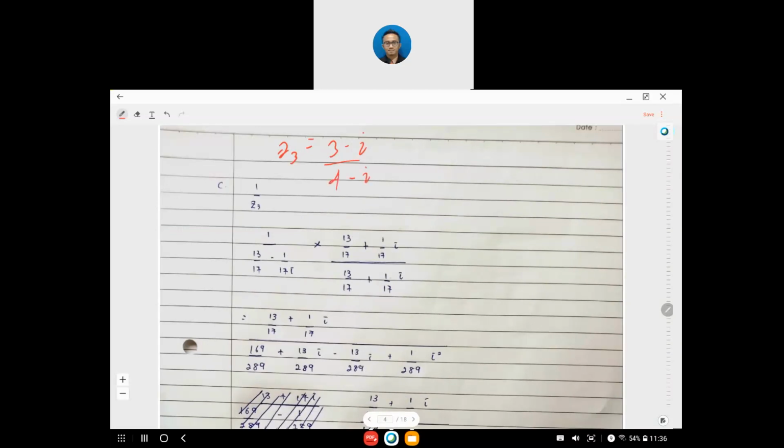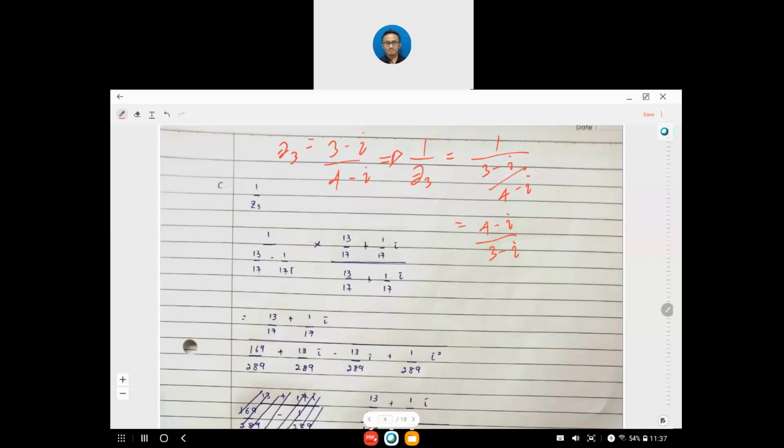Okay, if you want to solve for 1 over Z3, this becomes 1 over 3 minus i divided by 4 minus i. So it will become what? 4 minus i divided by 3 minus i. So you just solve this one.